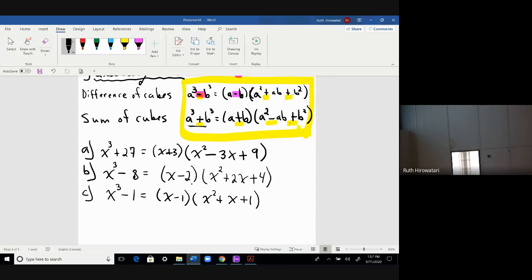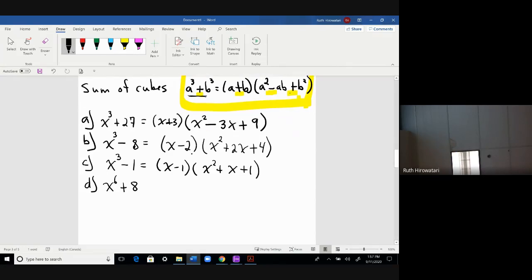Going to make it a little bit harder. What about x to the 6th plus 8? Now you've got to think about what your a and your b are. My b is 2 because 2 cubed is 8.